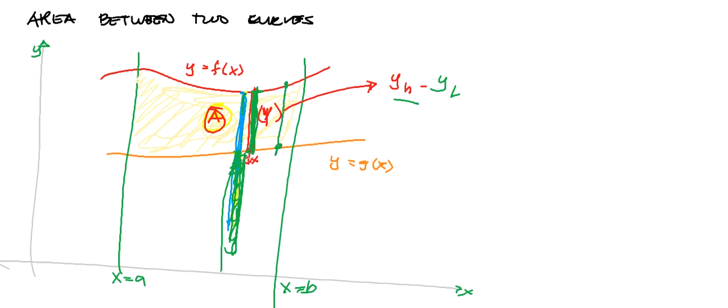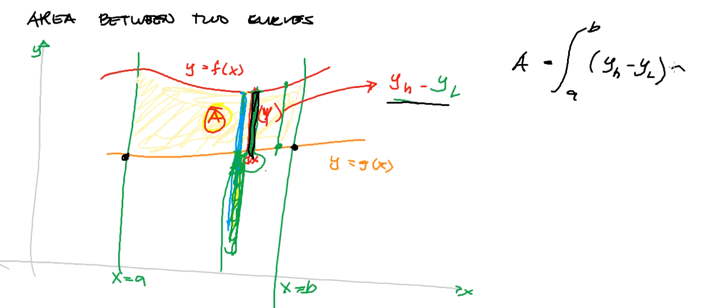Then of course our dx, and from here we can now write our area as the integral from the lower limit x equal to a up to b of the y element, which is the coordinate of the higher curve minus the lower curve, dx. That's all.